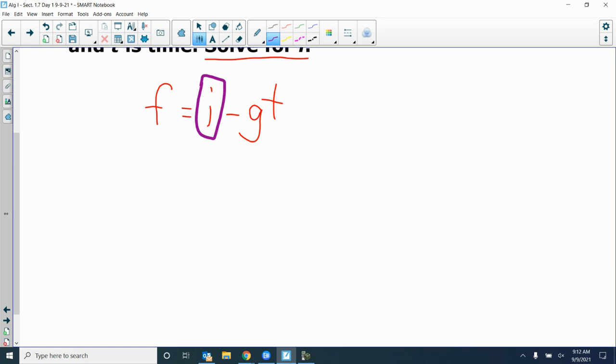All right. What is attached to the I? The lashes. Guys, what's attached to the I? GT. How? It's on the same side. Yeah. It's subtraction. Do you guys see that? Subtraction. How do you get rid of subtraction? Add both of them at the same time.